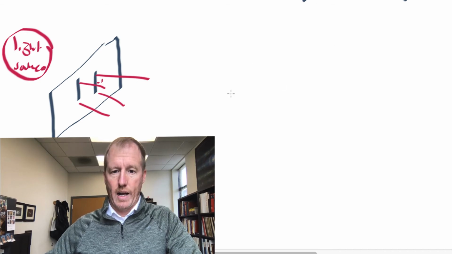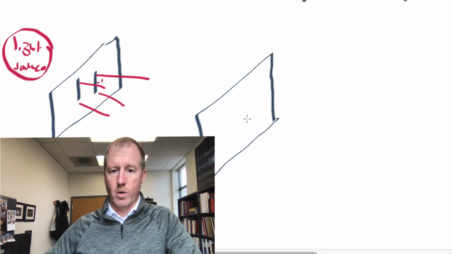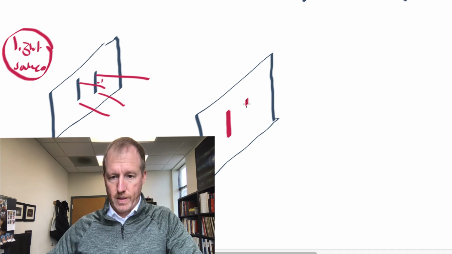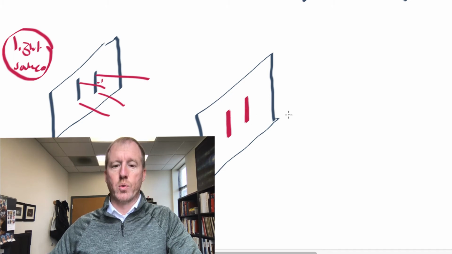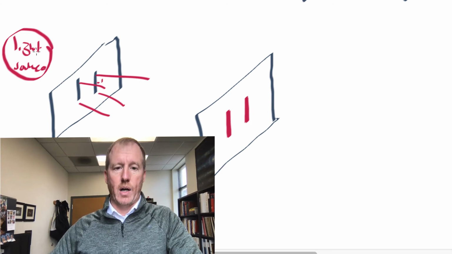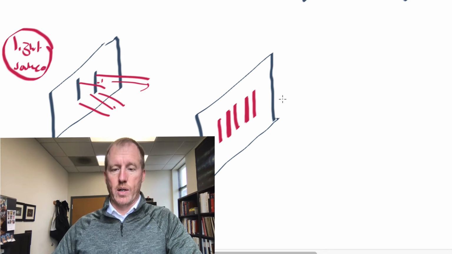And if we have a screen over here and look at the illumination of the screen, the interesting thing to note is that we do not have simply two rays of light striking this, as you might expect if light was particles that were traveling through these slits. Instead, you see this interference pattern of red fringes, if it was red light, and dark separations between them.